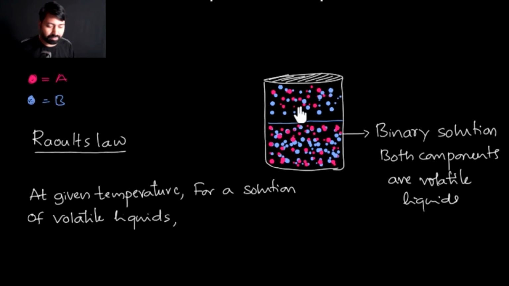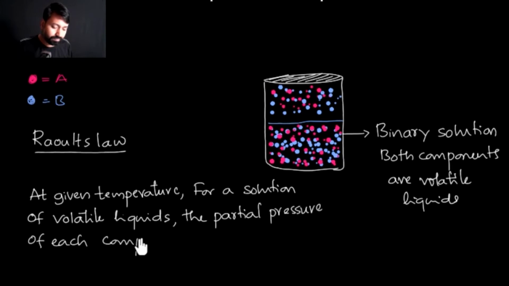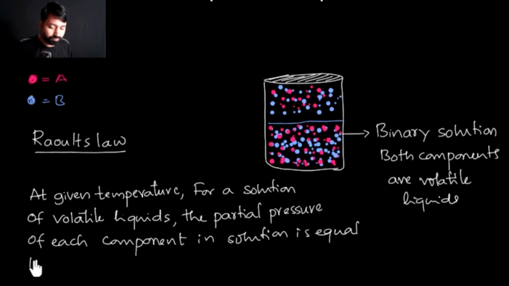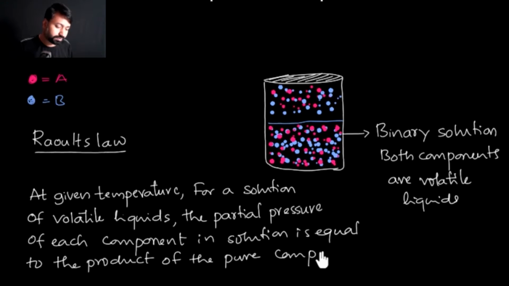The partial pressure created, for a solution which contains volatile liquids, the partial pressure of each component in a solution is equal to the product of the pure component's vapor pressure and its mole fraction.